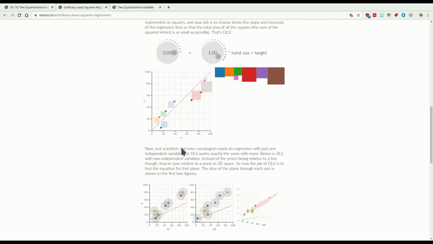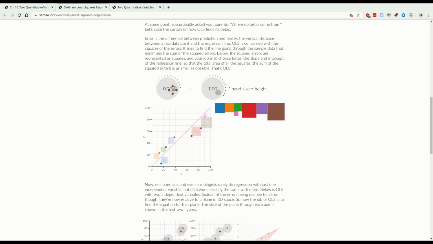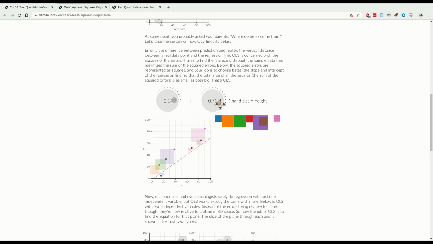But down here, you can change the values of the intercept and the slope, and see how the squares change, and your goal is to minimize the total area of all of these squares in this particular display.